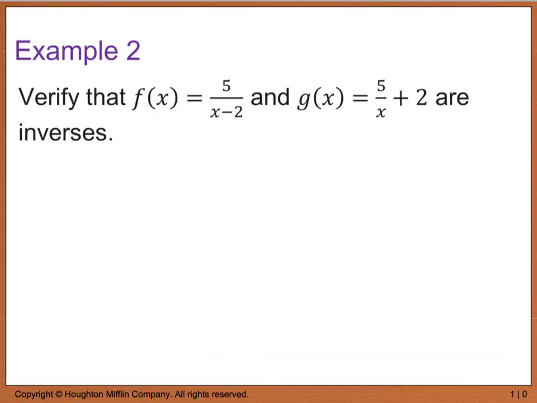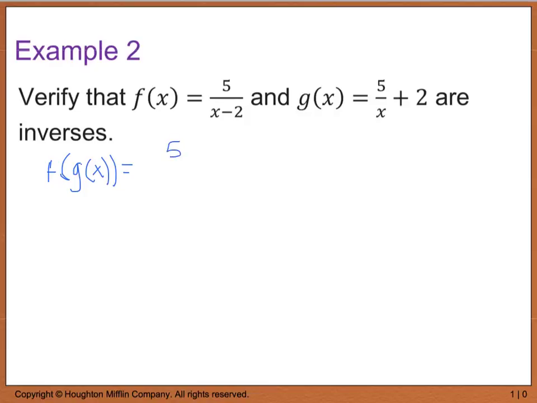Example 2 says to verify that f of x equals 5 divided by x minus 2 and g of x equals 5 divided by x plus 2 are inverses. So we're going to start out with f of g of x. I'm going to plug in g of x into every x.